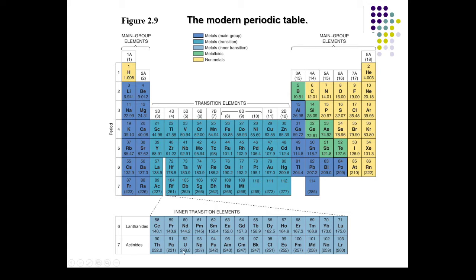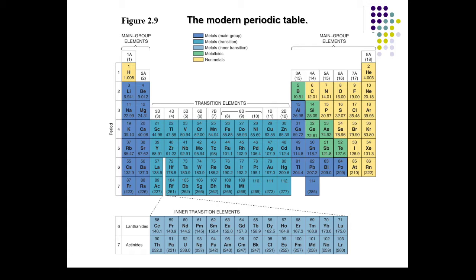Atomic numbers 1 through 92, up to uranium, are naturally occurring elements. 93 on, I think we're at like 119 now. I know they just created a couple more in the lab. 118 is the highest atomic number right now.